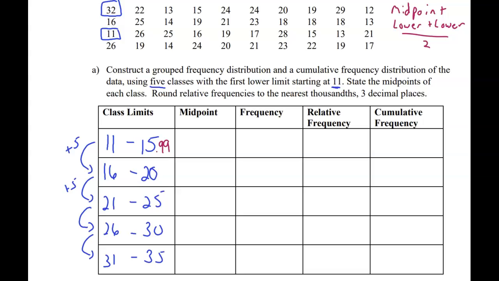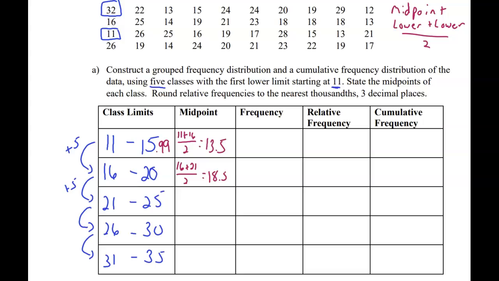So our midpoint is actually going to be 11 plus 16 divided by 2. And we get 13.5. We don't round midpoint. Midpoint is kind of like our median, things of that nature. We don't round it. So we calculate midpoint and leave it as is. Now if I were to do 16 plus the next lower limit, 21, divided by 2, I would get 18.5.